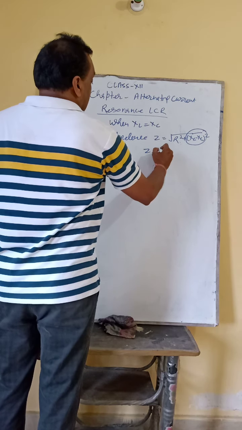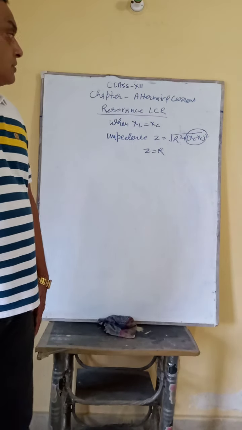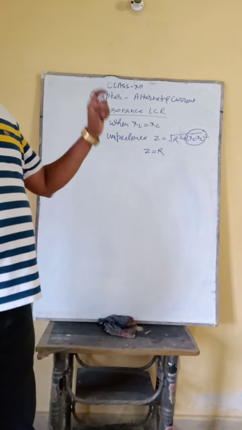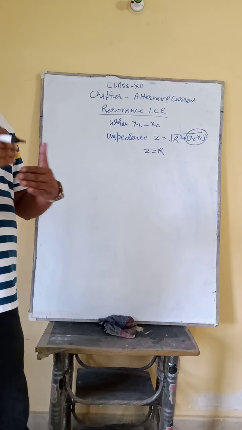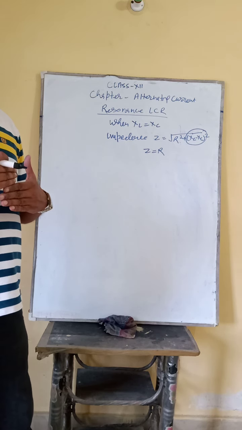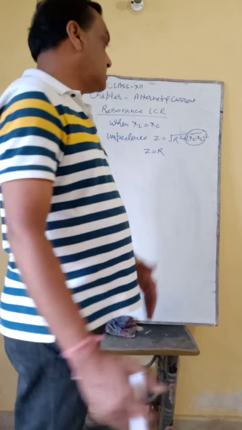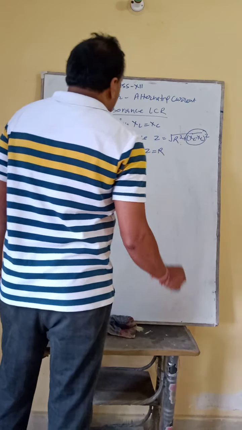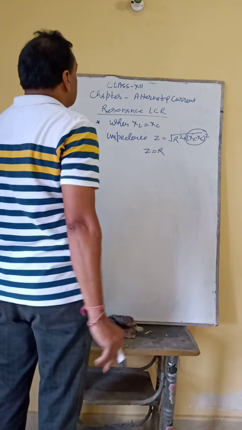So Z is equal to R. It means in case of resonance, the LCR circuit purely behaves like a resistive circuit. It means the impedance, that is the net resistance of LCR, becomes equal to resistance R. So this is the first condition.